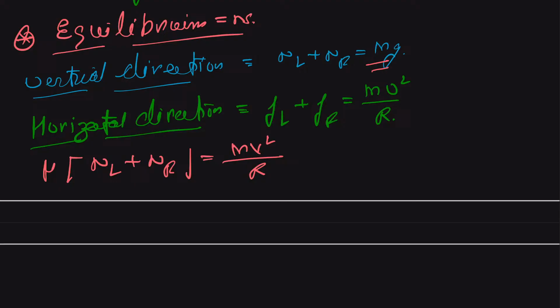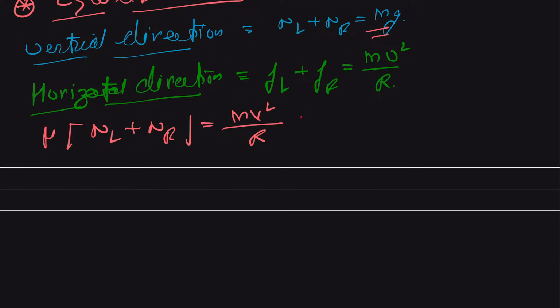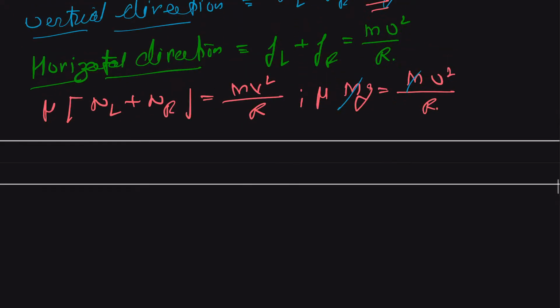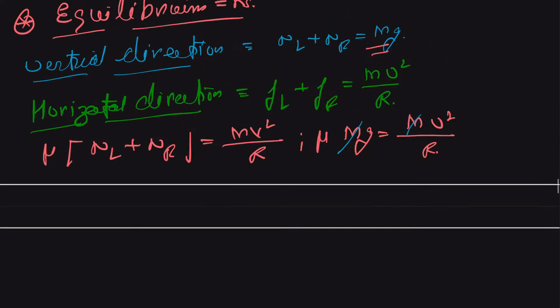So if you want, we can find that also. So this is mu times mg equals mv square upon R, and this m and m cancel out, so we get mu is equal to v square upon gR.